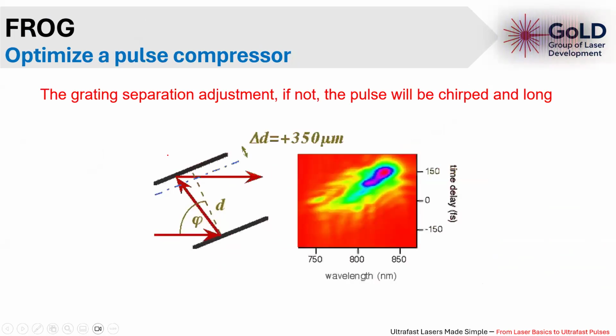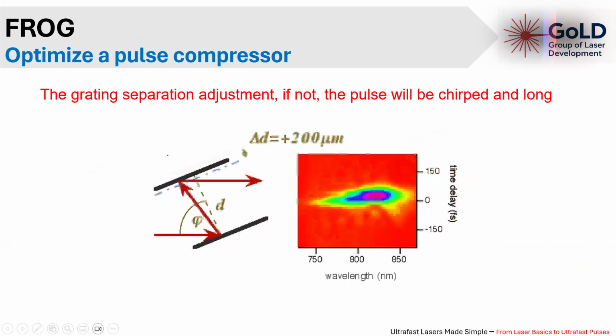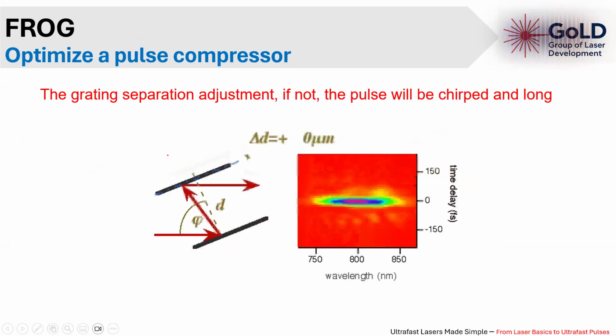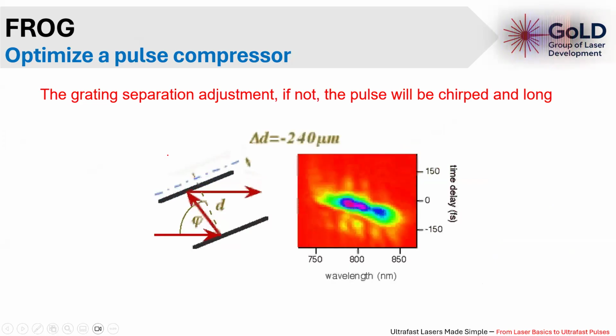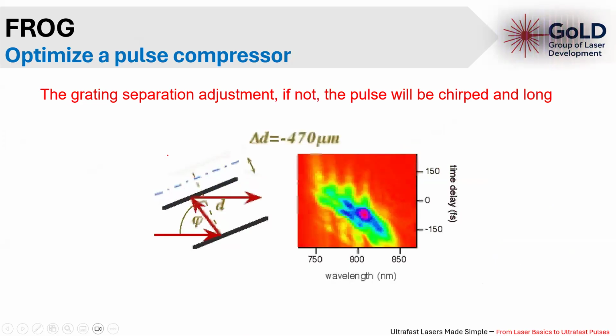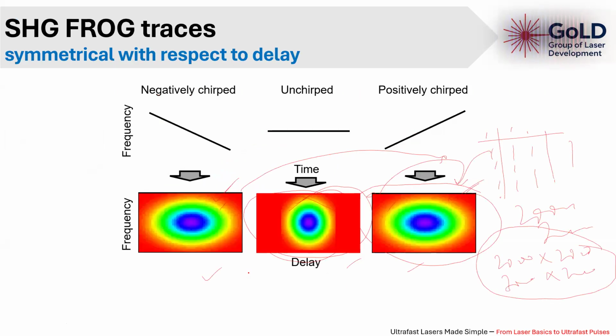This I explained again. So here, in this animation, if you remember the grating stretcher and compressor, this shows how the compressor is optimized, and this is the image from the FROG. The matrix data changes as we change the separation of the gratings in the stretcher.